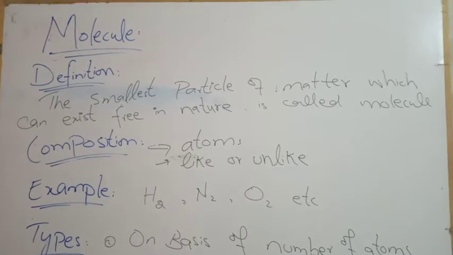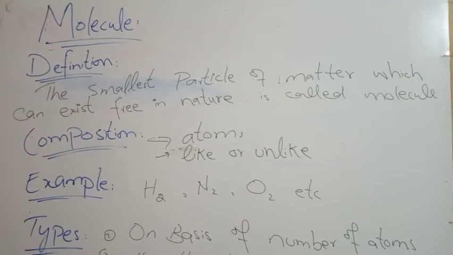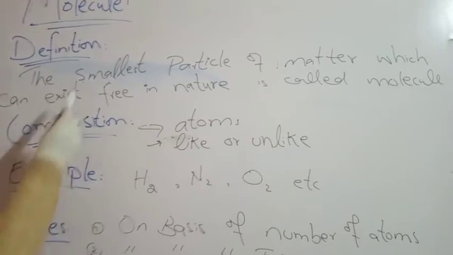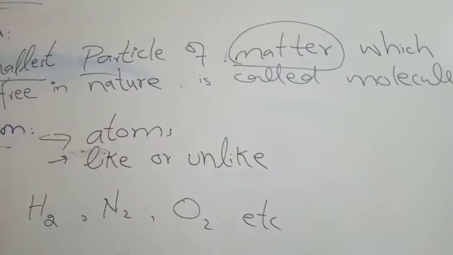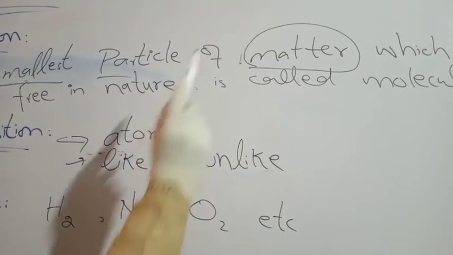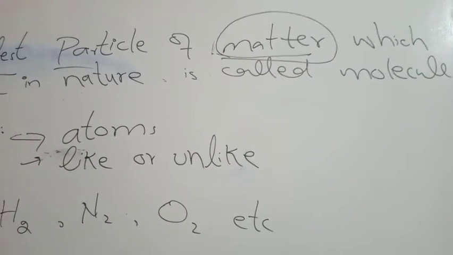The smallest particle of matter which can exist free in nature is called a molecule. Students, it means that a molecule is the smallest particle of matter. Now the question arises, what is matter? As you remember, I have already discussed matter in my previous video.